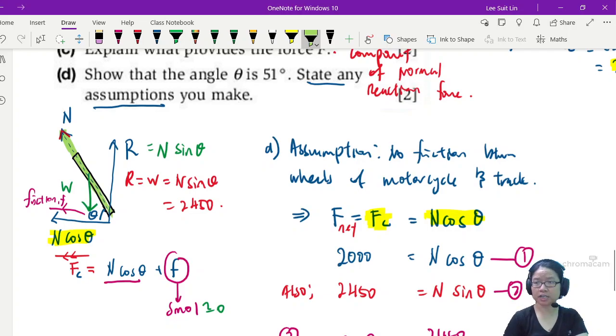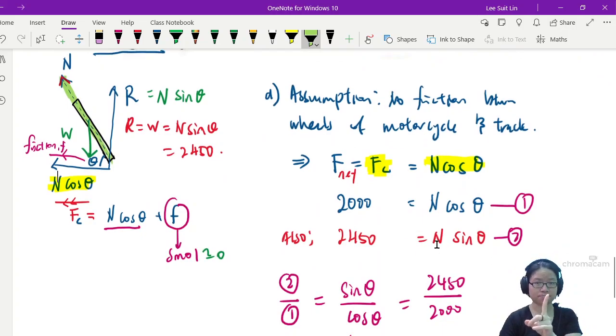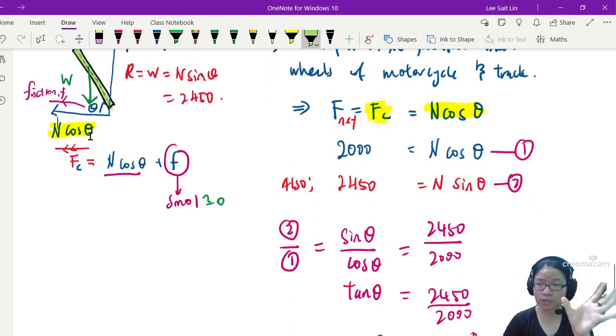One is the vertical one. The vertical one is N sine theta. N sine theta will balance W so that the motorcycle doesn't accelerate up or down. First equation, N sine theta is W. Second equation, N cos theta is directed towards the center of the circle. Directed towards the center of the circle means it will provide the necessary centripetal force.